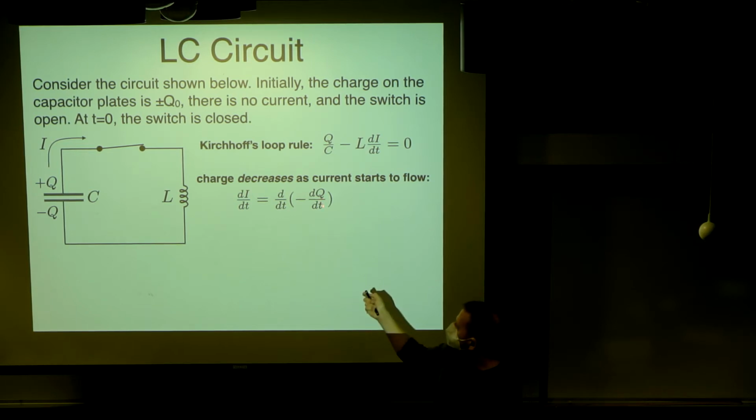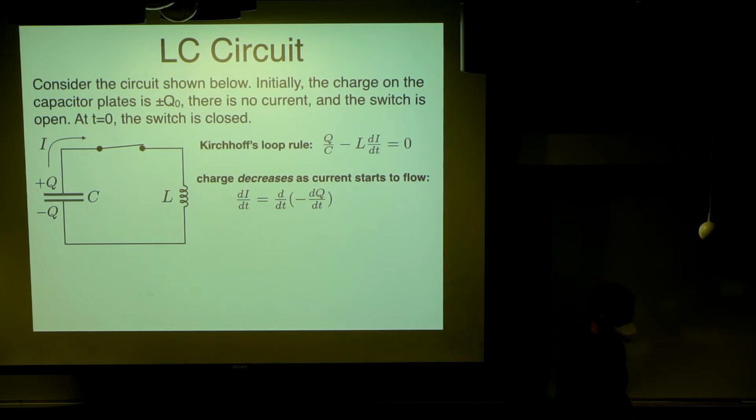So essentially what I'm doing here is I'm putting the derivative of charge with respect to time in for the current right there. But not only that, I'm introducing a negative sign. And the reason for that is, as the current starts to flow, we're losing charge, okay? That's the reason for this relative negative sign in the equation, okay?